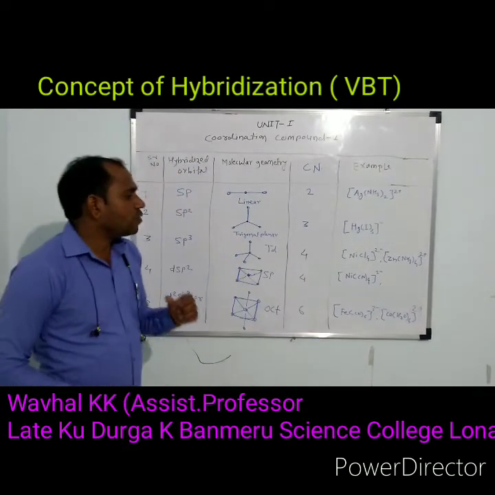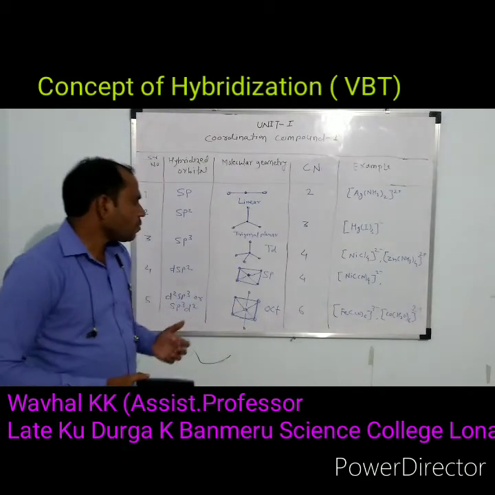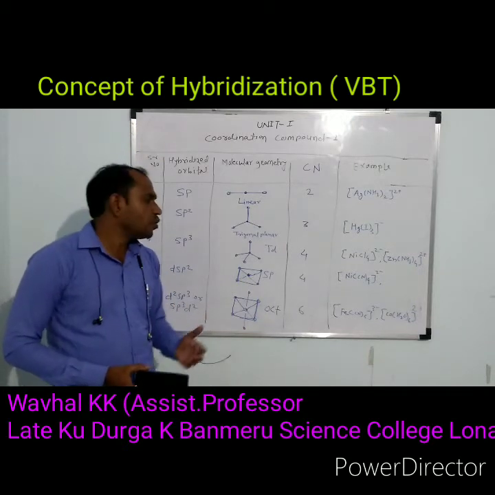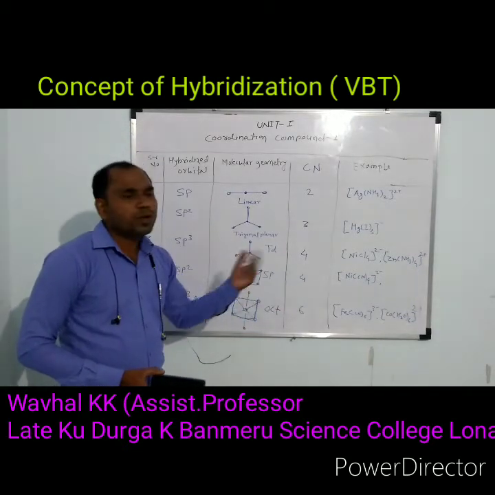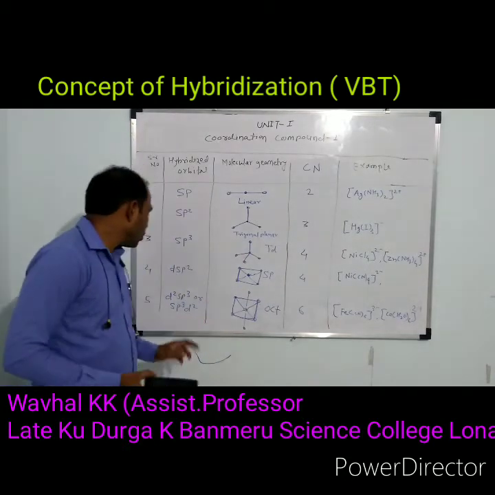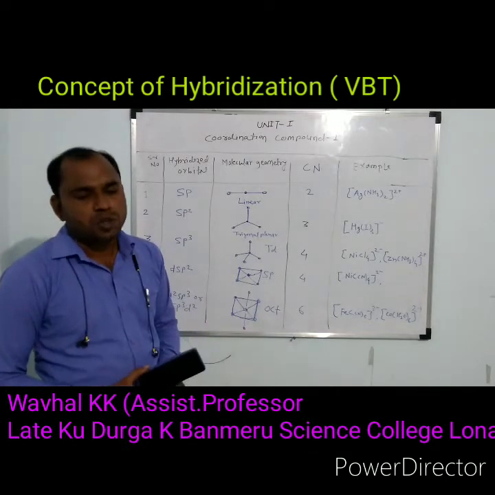If a strong field ligand is used, there is the possibility of d2sp3 hybridization. If we use a weak field ligand like H2O, then it is possible to have sp3d2. It is called the outer orbital geometry.